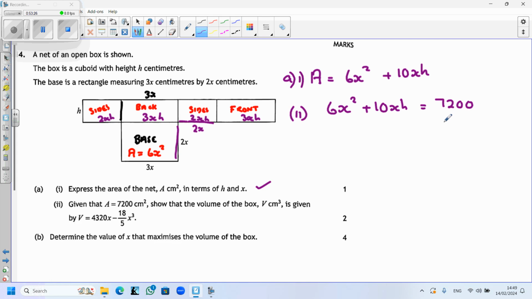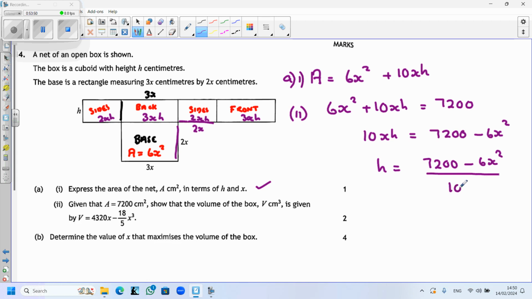So we've got to rearrange this to find out what h is. So the first thing I'm going to do is take 6x squared away from both sides. So 10xh is equal to 7,200 minus 6x squared. I want to find out what h is, so I want to divide by 10 times x. So h is equal to 7,200 minus 6x squared, all divided by 10x.